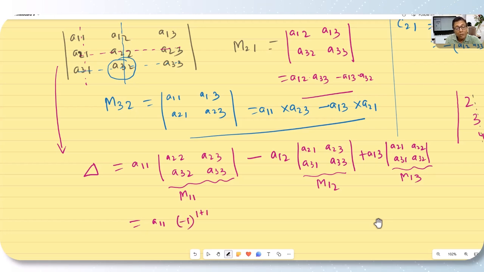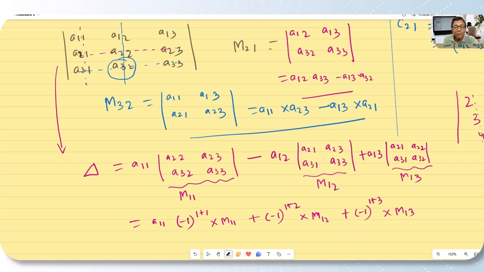But if we write it in this manner, minus 1 to the power 1 plus 1 into the minor, plus minus 1 to the power 1 plus 2 into this minor, plus minus 1 to the power 1 plus 3 into this minor.